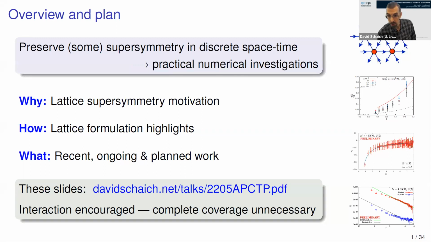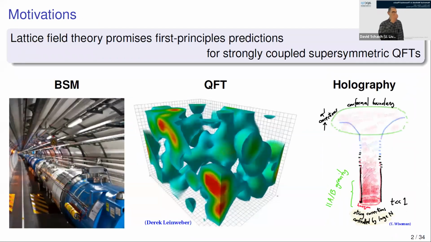So without further ado, let's talk about why we are worried about lattice supersymmetry in the first place, beginning with the fairly broad context of why we care about supersymmetric field theories. There are several directions that you can go based on supersymmetry.